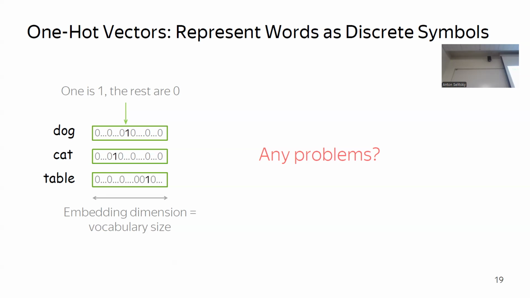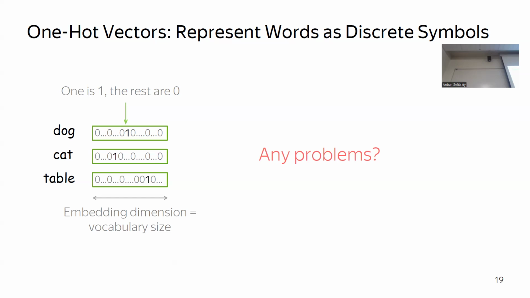What will be the distance between two one-hot encoder vectors? So the square root of 2, because we will have 0 minus 0 squared plus somewhere 0 minus 1 squared and somewhere 1 minus 0 squared. And the sum will be always 2.